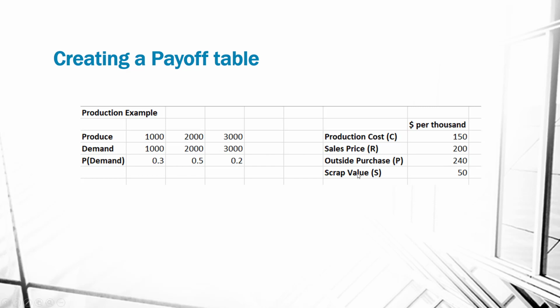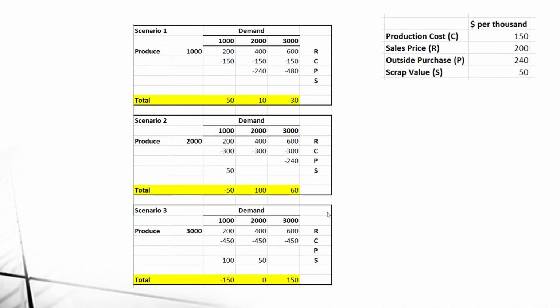And then scrap value, if they make too many, how much they could actually get for that scrap. All right, so this just shows the 3 different scenarios that could happen. In other words, the company doesn't know the demand in advance. So they're either going to produce 1,000 items, 2,000 items, or 3,000.